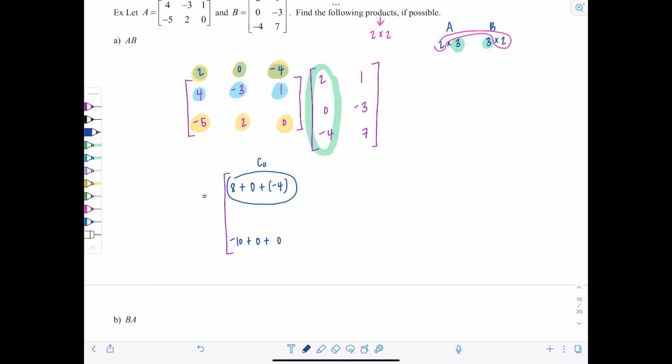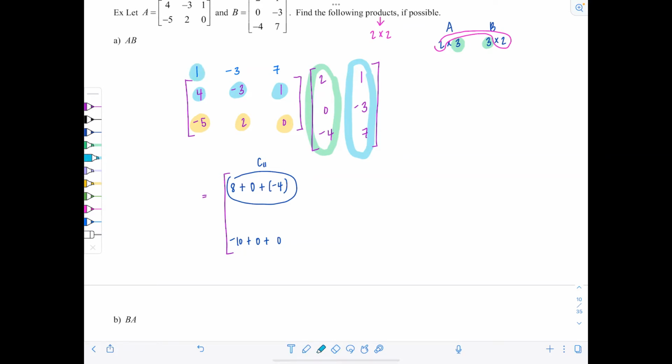Repeat the process. Now I'm going to grab the second column in B and write it up top here, so let's erase these guys. 1, -3, 7. And I'm going to make my second column. Take a column, make a column.